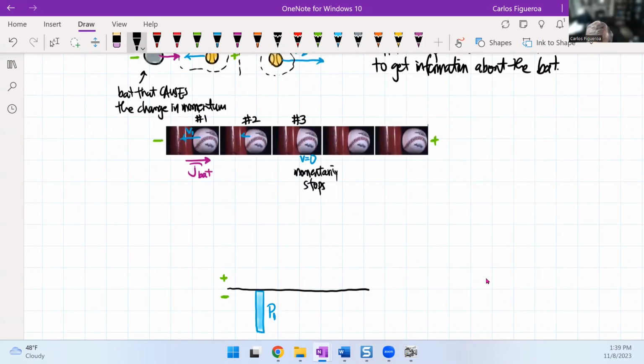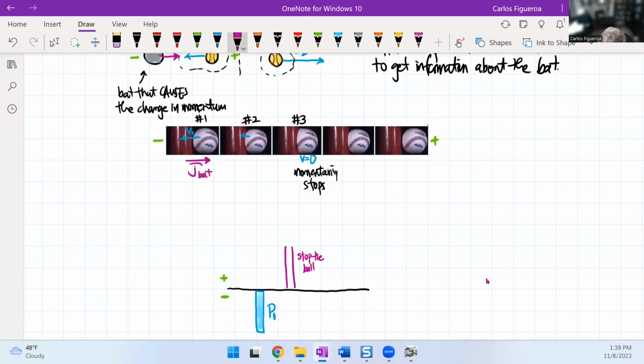What's the first thing that the bat has to do? It has to bring the baseball to rest. So when I start drawing my impulse, look what I'm doing here. The first thing I've got to draw is 2 squares. Why do I have to draw 2 squares? Because you have to stop the ball.